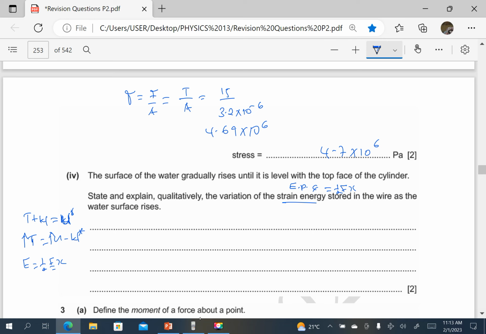Therefore, we shall say upthrust on the cylinder increases. And since weight is constant, the tension increases.